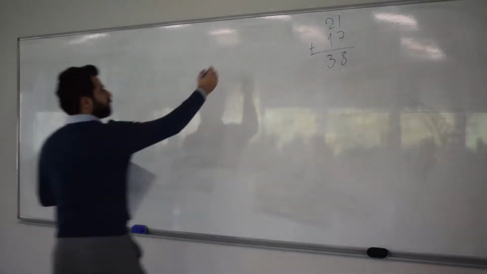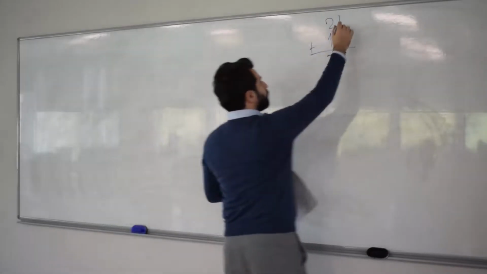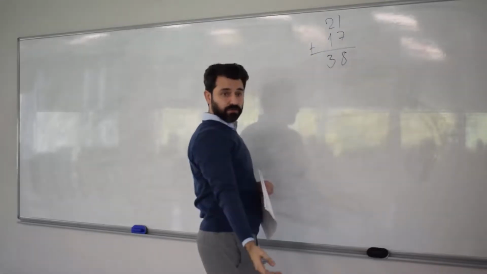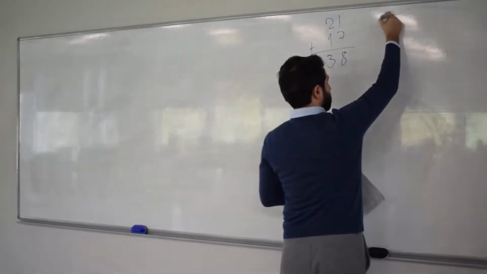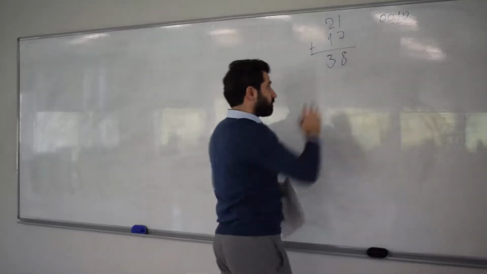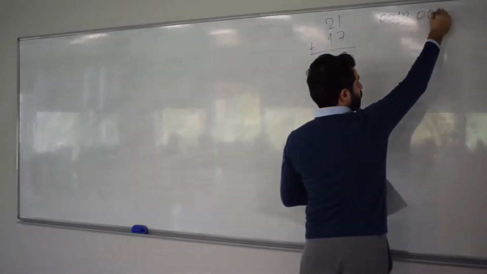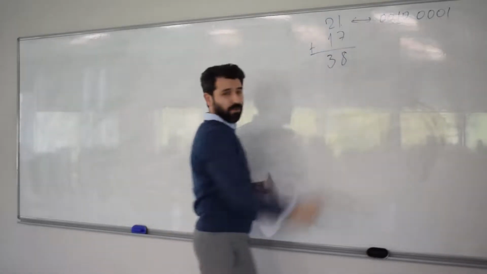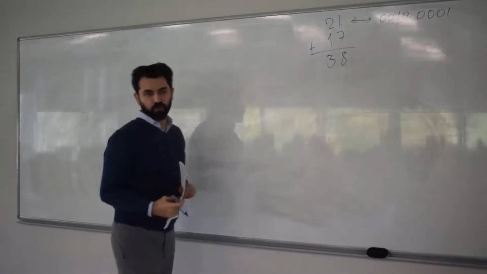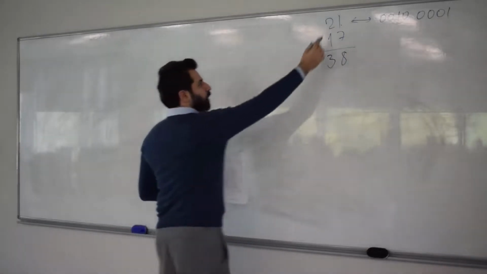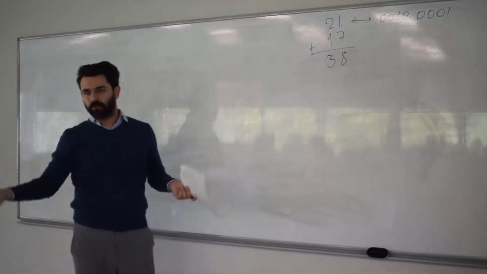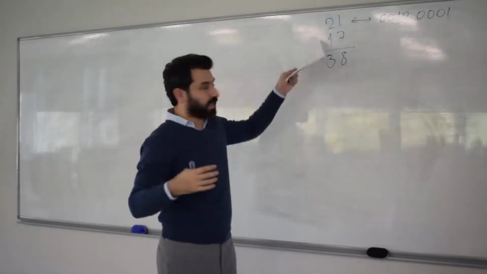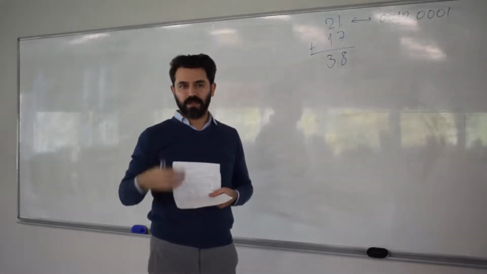If you'd like to translate 2-1 into binary coded decimal, remember, 2 was represented by 0010, and 1 is represented by 0001. So we use 8 bits to represent 2-1, in other words, 21. If we were to use only the binary domain, then 21 would of course take fewer bits, right? Can you tell, off the top of your head, how many bits you would need to represent 21 in an unsigned number system?